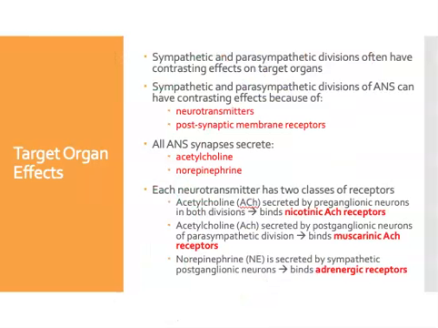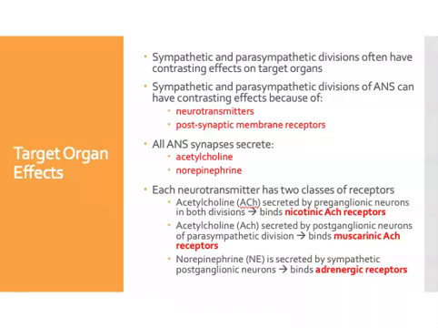Now let's spend a few minutes talking about the effects that the sympathetic and parasympathetic divisions have on these target organs. Remember, neither the sympathetic nor the parasympathetic division of the autonomic nervous system has purely stress or alertness effects, or purely calming, relaxing effects. It doesn't work that way.